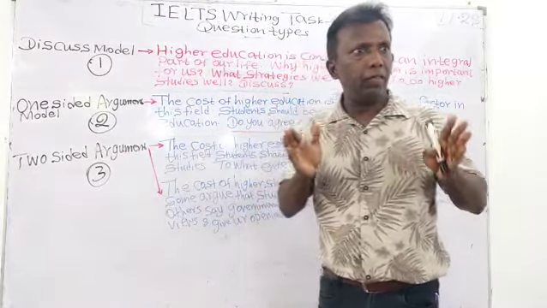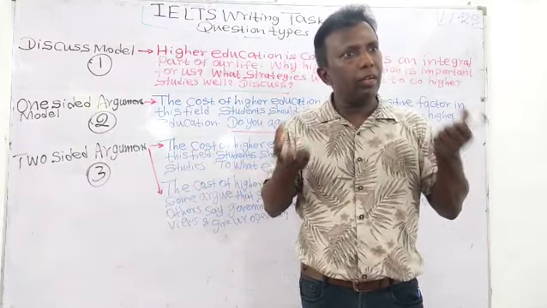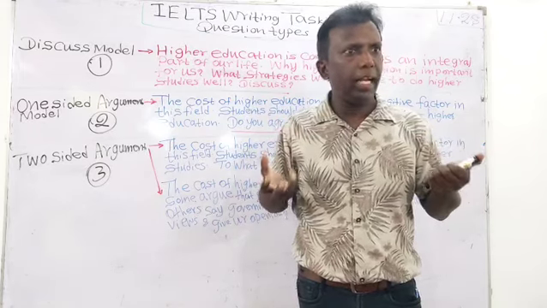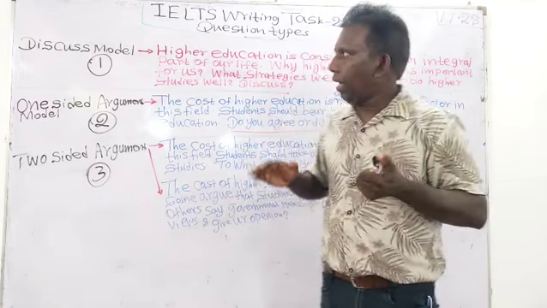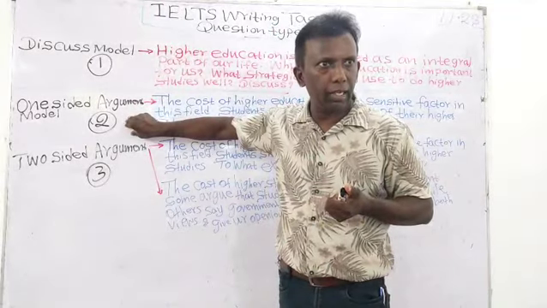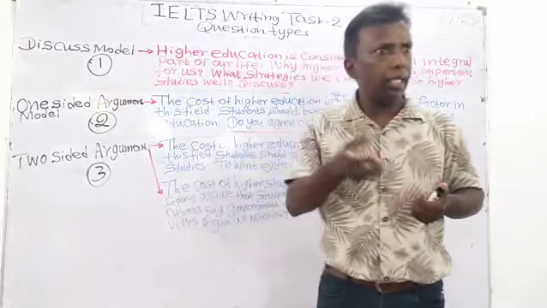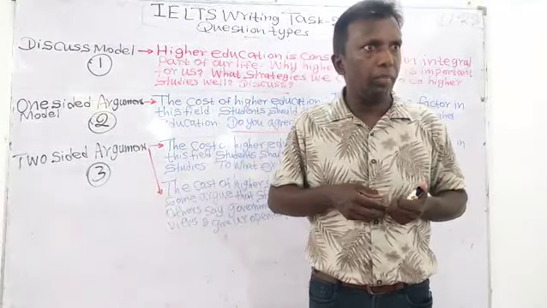That is what we can see when we look at the last 10 years of IELTS papers. The first and second are very common in the IELTS General writing paper, and the third question type is very common in the IELTS Academic question paper.